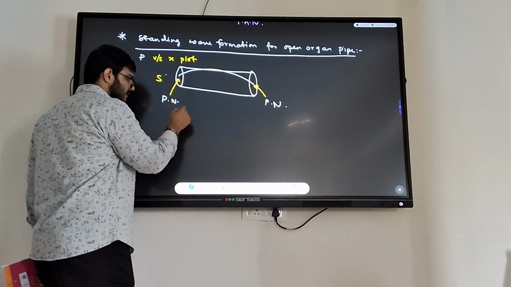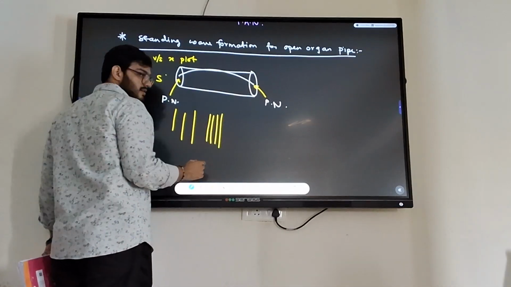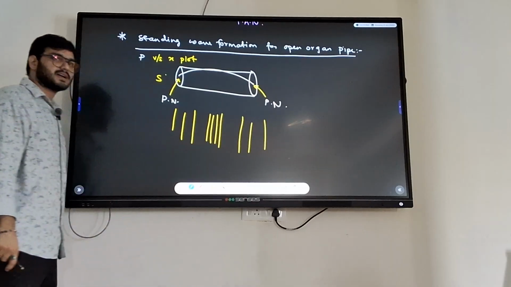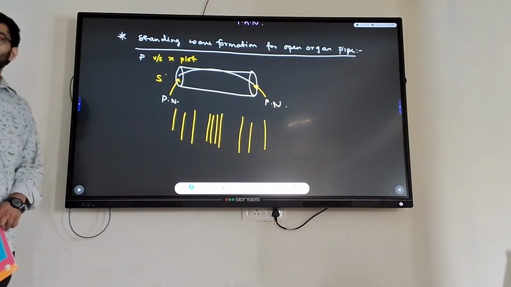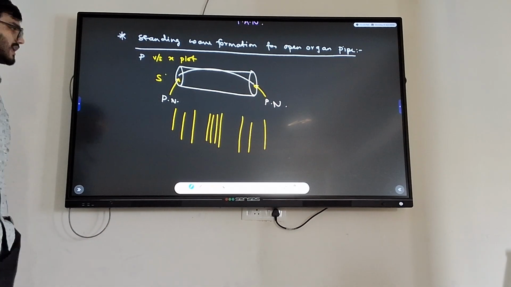So I will have a wave like this, and in the middle compression, at the other end again rarefaction. What do you mean by rarefaction? That the pressure is less. Yes or no? Pressure is actually less. Then what will happen?